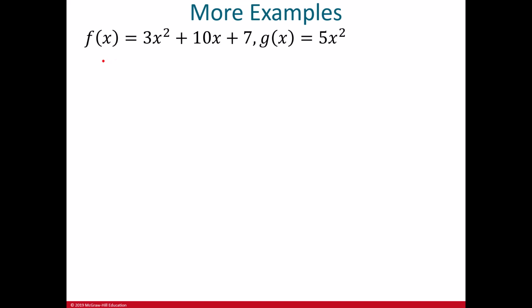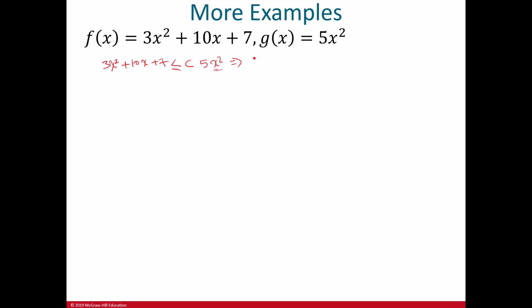So we have the first function f, 3x^2 + 10x + 7, which is less than or equal to C, the constant we try to find, times g of x, which is x^2. From this, we can divide both sides by x^2.